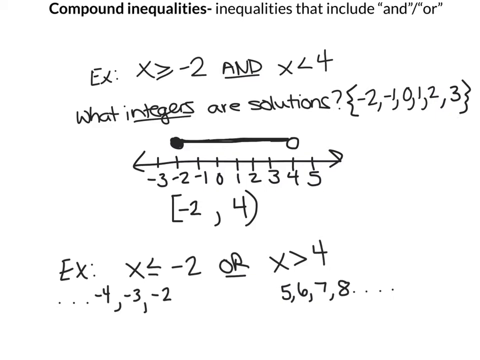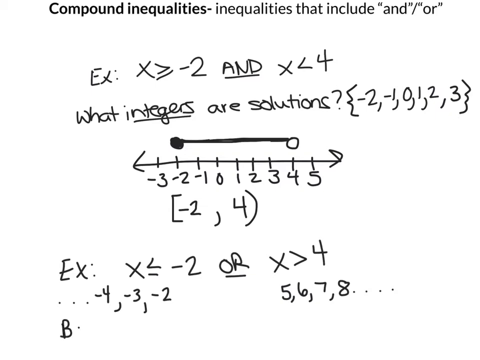So my x is smaller than -2, or it's bigger than 4. These two things can't happen at the same time. If I choose a number that's less than or equal to -2, such as -4 right here, that's not bigger than 4. Both can't happen at the same time.